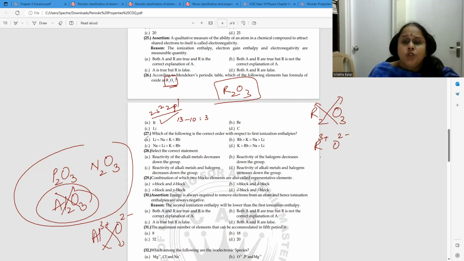Next, 27. Which of the following is correct for first ionization enthalpies? See what happens to first ionization enthalpy down the group?